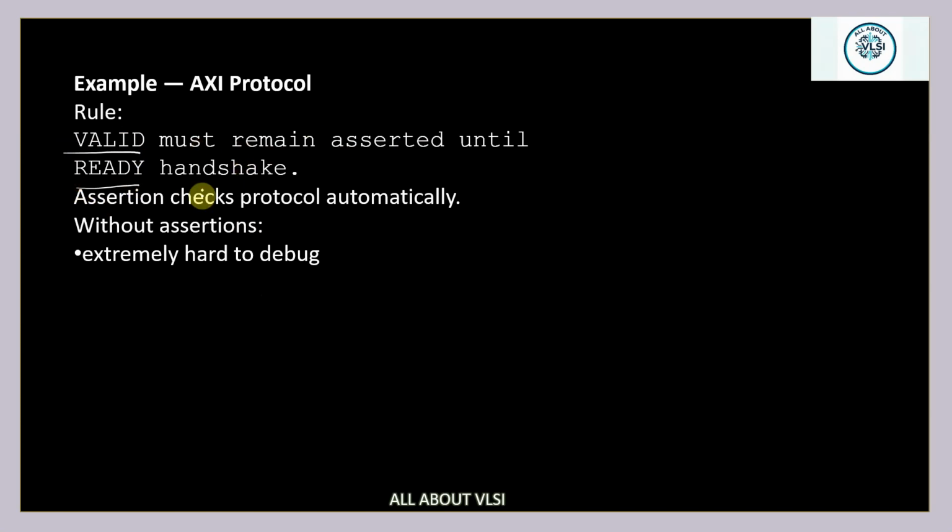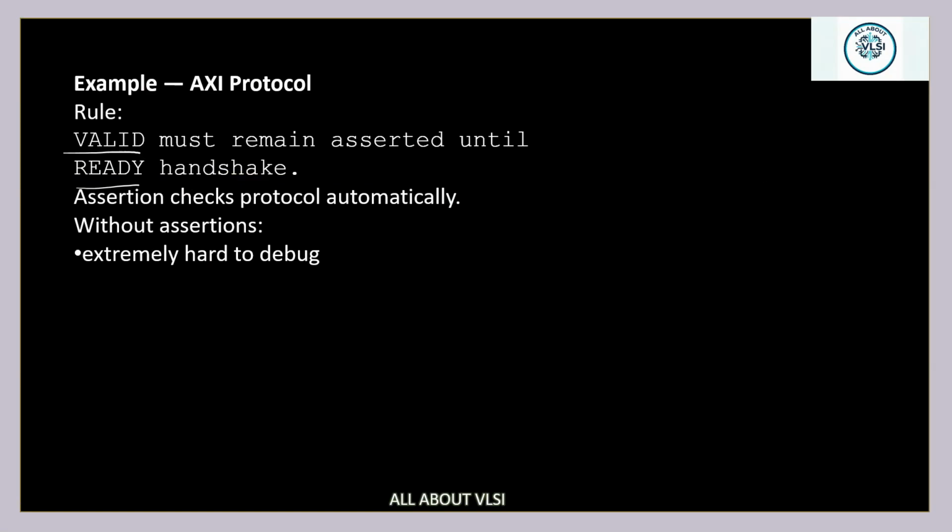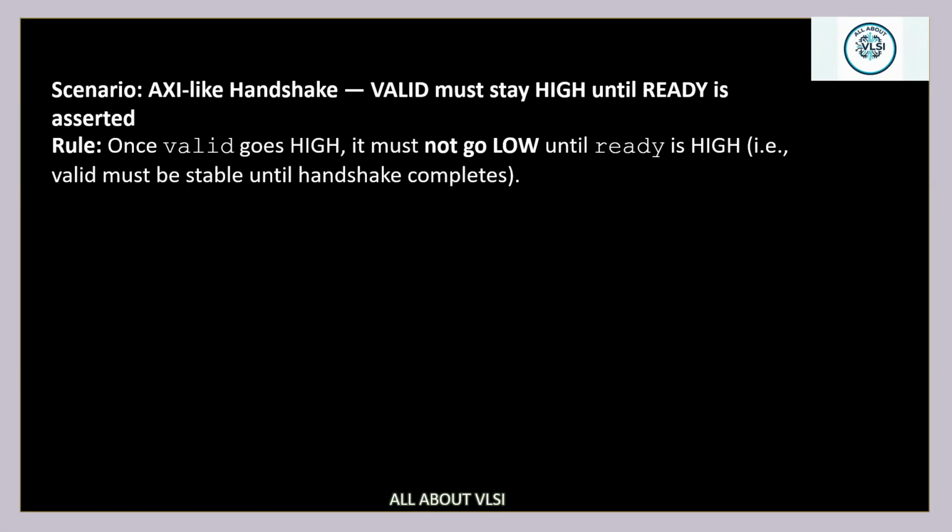We can check whether this handshake is happening and when it is happening, by framing it as an assertion. Assertions are basic conditions which we write and check. Another scenario is the handshake where valid must stay high until ready is asserted. This condition can also be framed using assertions.